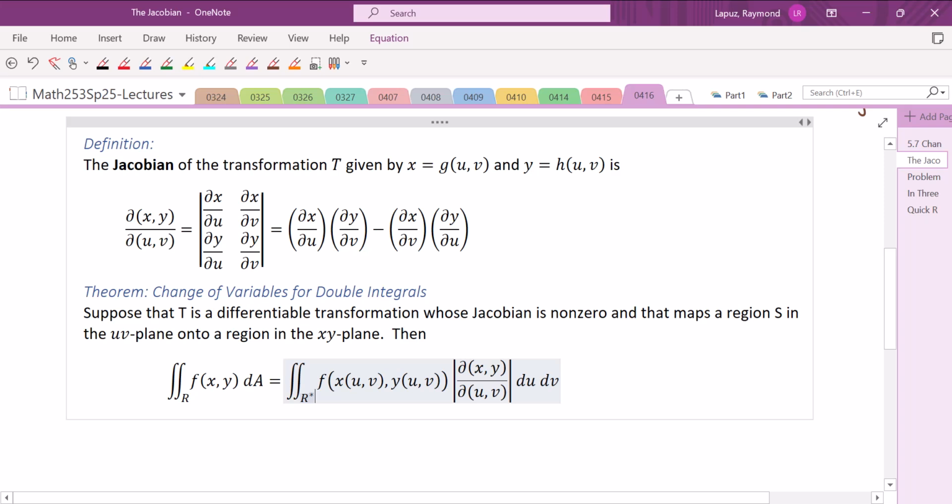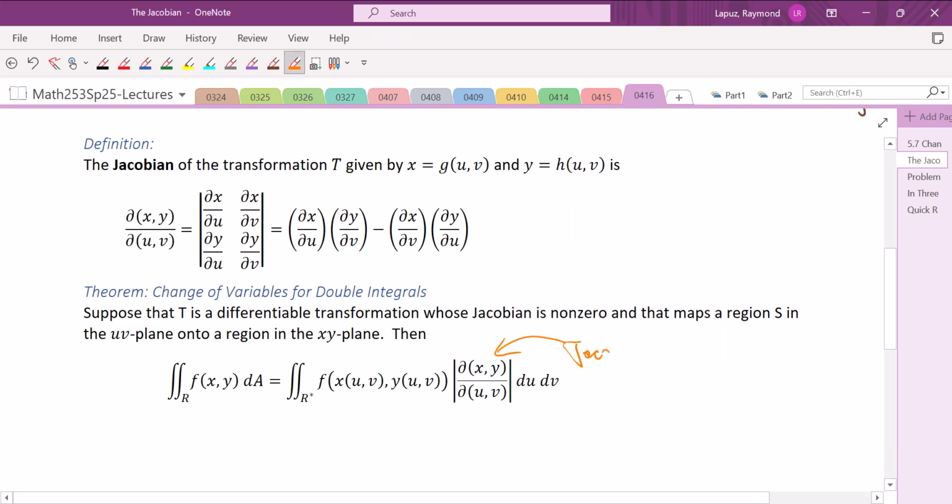Then you have to change your x and y values inside of your function if you had an integrand, and then you have to multiply by the Jacobian. So this is like that u substitution where you multiply by some sort of derivative in there.